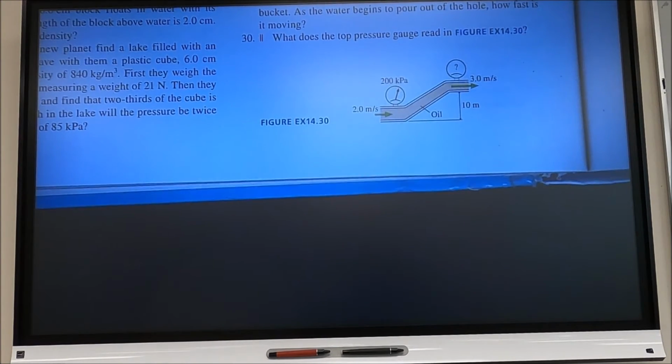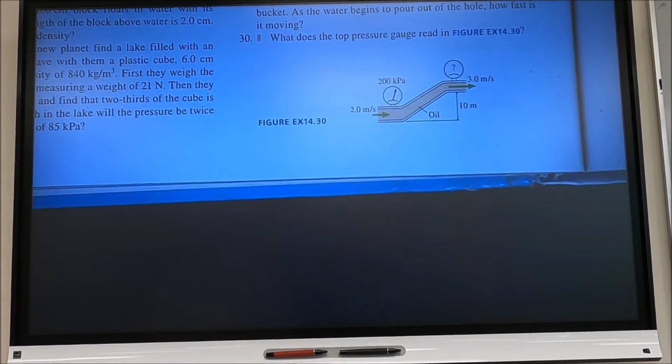So you can see there at the bottom, we've got 200 kilopascals, we've got 2 meters per second. At the top, we've got a speed of 3 meters per second, and it's a height of 10 meters. And it says we've got oil. Okay? Now, we're not given any other piece of information. That's it.